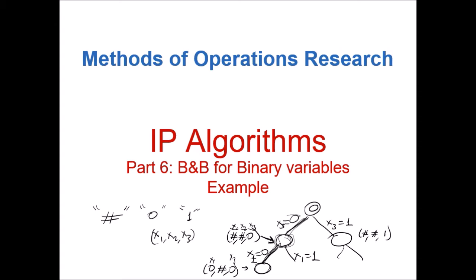But x2 is not fixed yet, it is still free. And free means that the value of x2 is in between these two values, so it can take any value between 0 and 1. But if the value of x1 or x2 is fixed, then its value is fixed either to 0 or to 1. So this is just a representation.